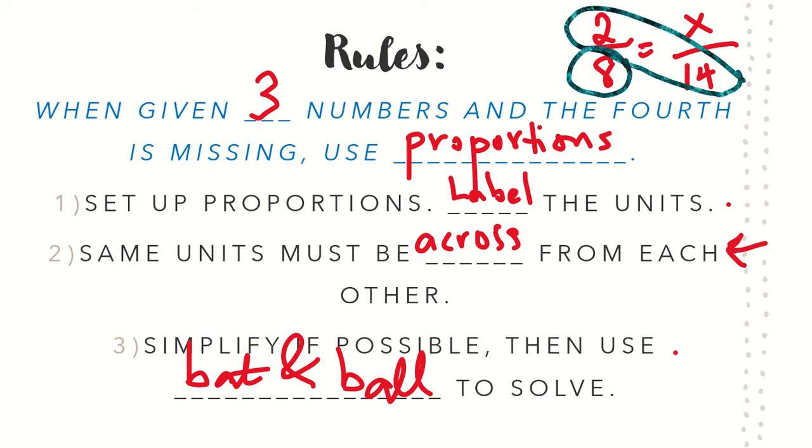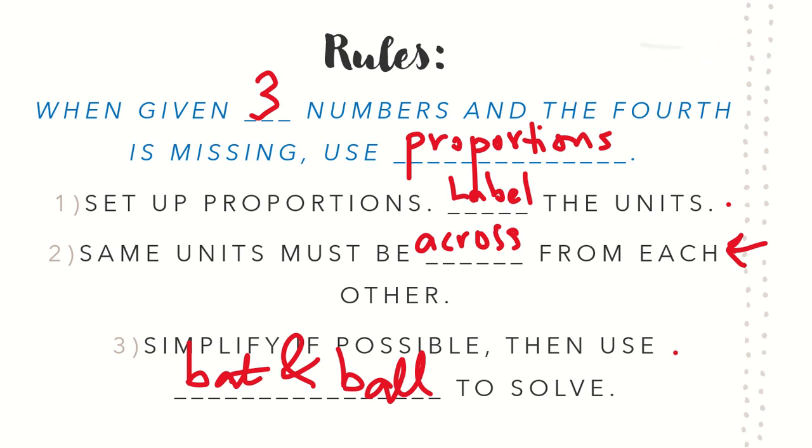Or you can also use a shortcut. Remember, see if you can find a relationship first. In this case, it was not obvious with those random numbers that I just threw out there. But this should all be familiar stuff. These are our rules. You can always refer back to these.